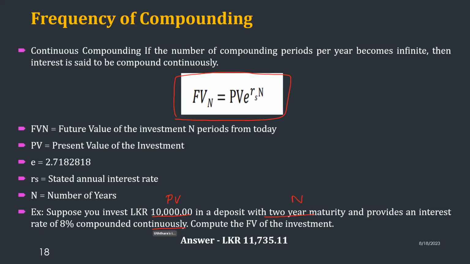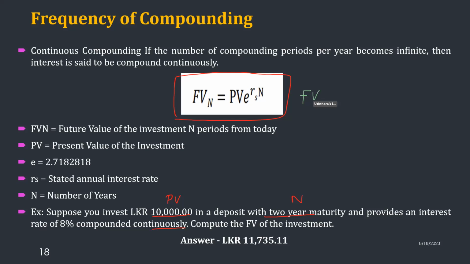That gives you the idea of the formula that you need to use, and the interest rate is 8%, so R is 8. Then I will use this formula and explain how to do this calculation.